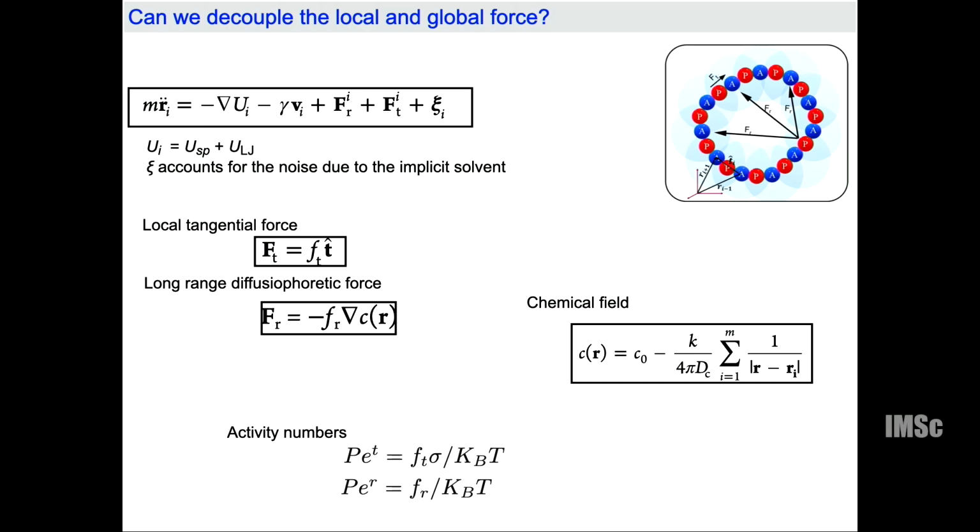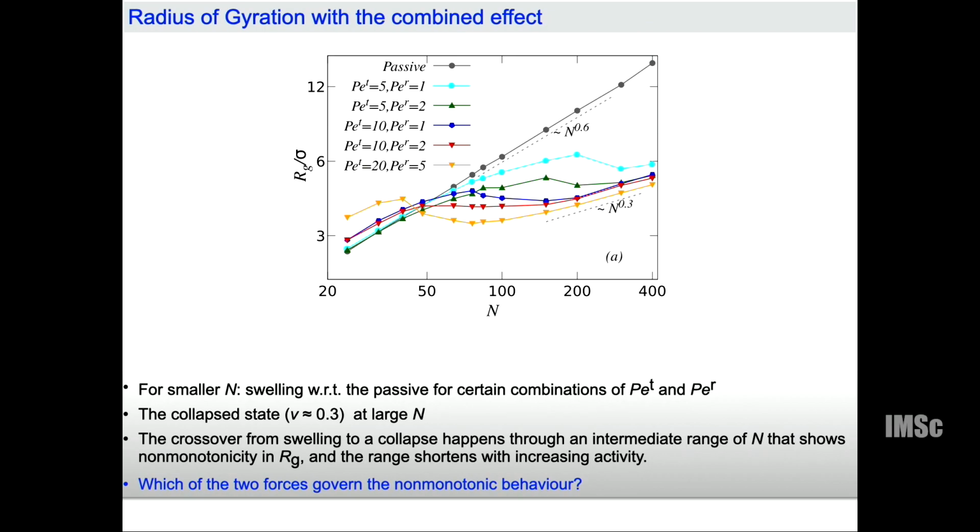Which of these two dominates when? Does one of them always dominate, or does the other one? So these are the questions that we start asking now. We have these two forces explicitly written, and I can control these forces because I have this implicit solvent nicely mapped to the previous one, and then I go ahead and talk about these.